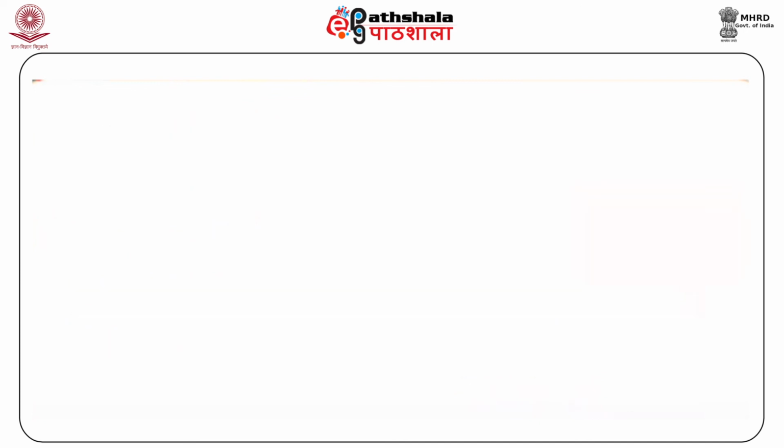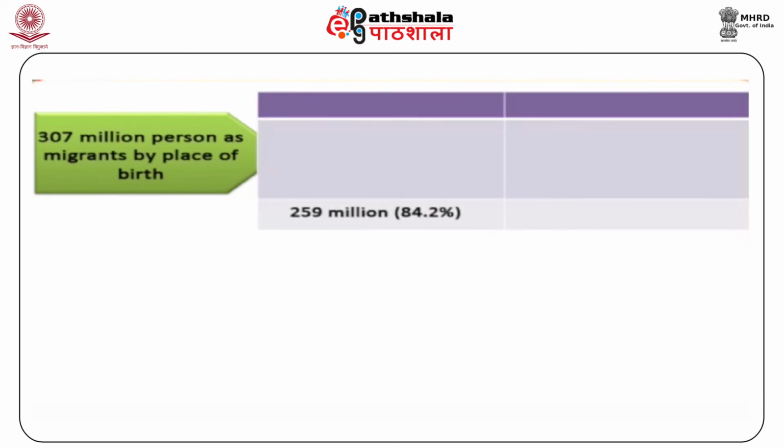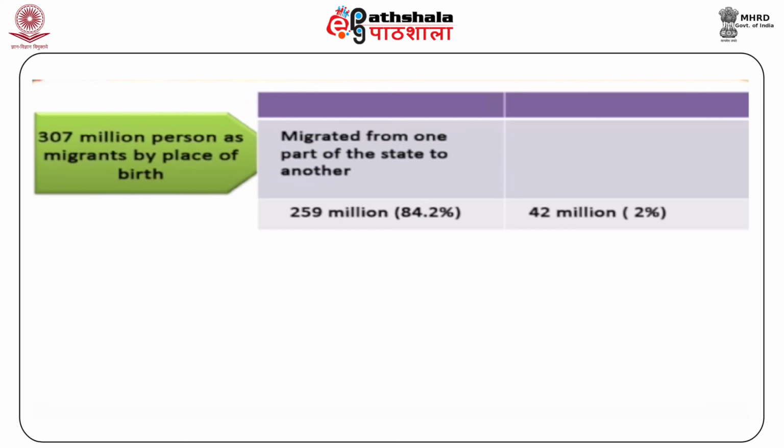Let us now have a look at the census of 2001. It reports about 307 million persons as migrants by place of birth. Out of them, about 259 million migrated from one part of the state to another, that is, from one village or town to another village or town, and 42 million from outside the country.